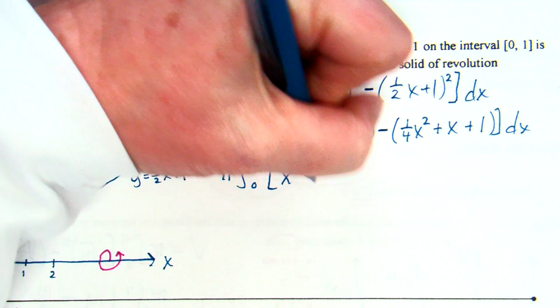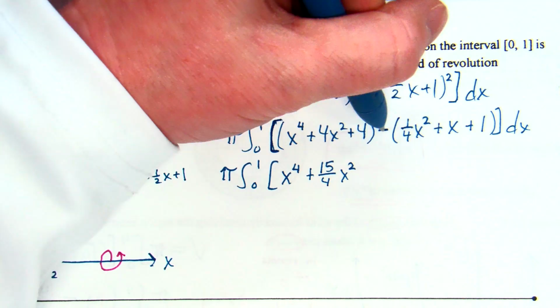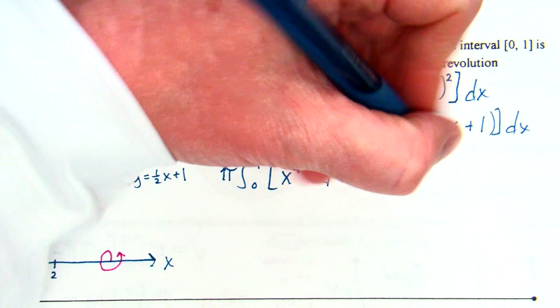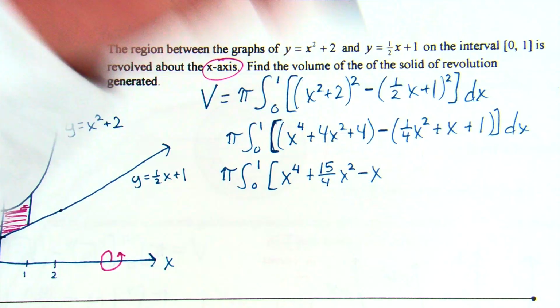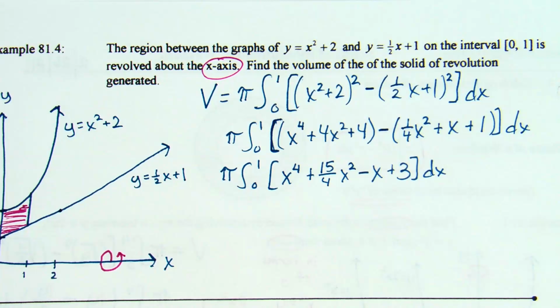If we're going to go in order, we also need to subtract x. So minus x. And 4 minus 1 is plus 3. So I have in my integral x to the fourth plus 15/4 x squared minus x plus 3. The good news is when we integrate this, we're only evaluating from 0 to 1. That's the good news, right?